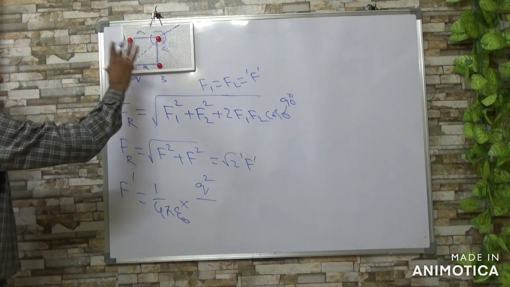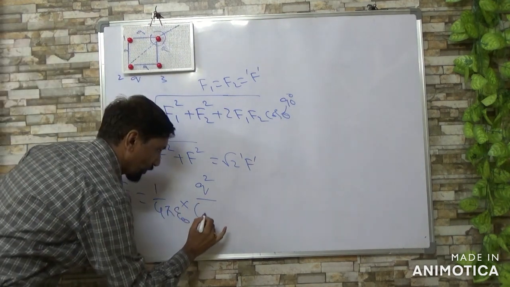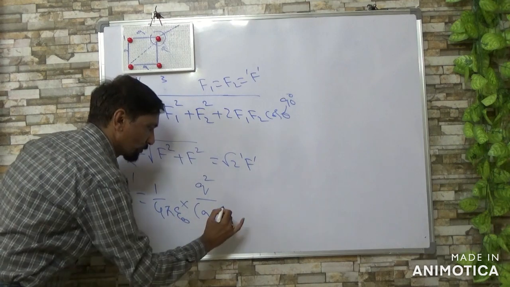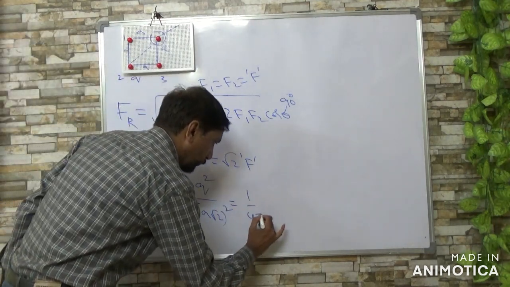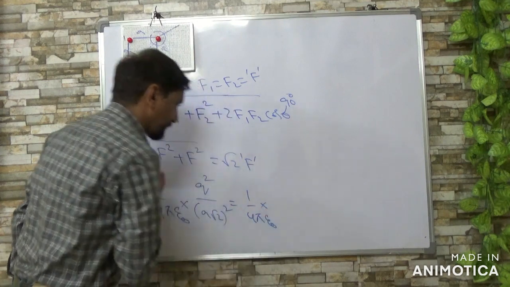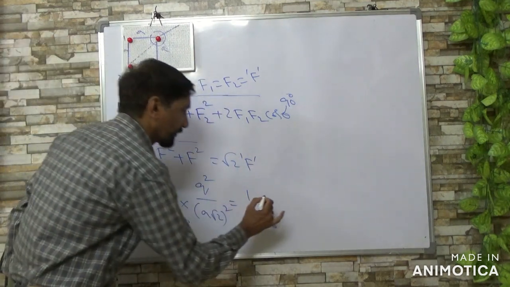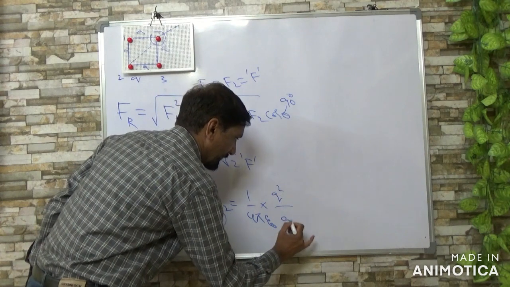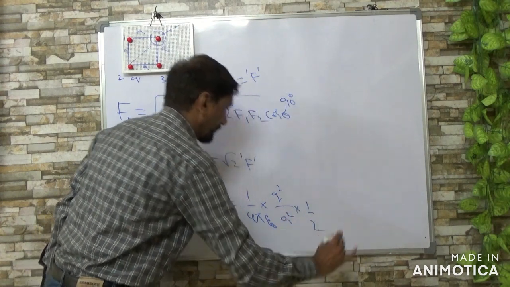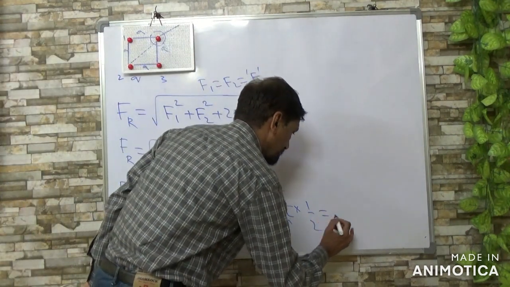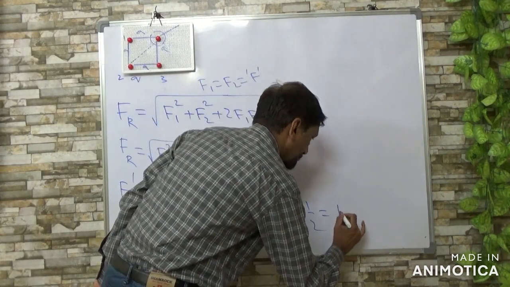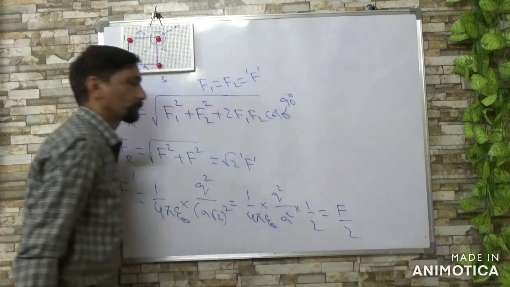It is diagonal, so the diagonal distance is side into root 2, whole square. Nothing but 1 by 4 pi epsilon naught, Q square by A square, into 1 by 2. So the force between 2 point charges is F, and here it is F by 2.